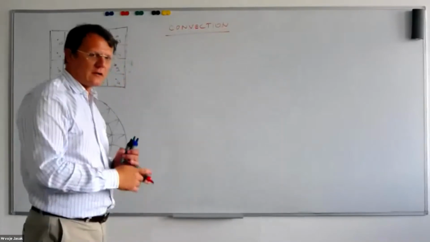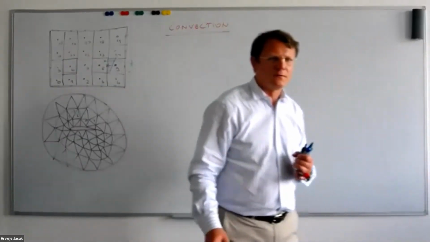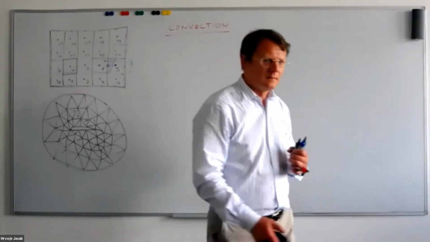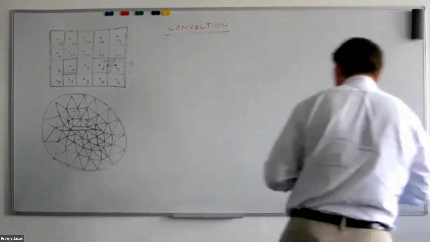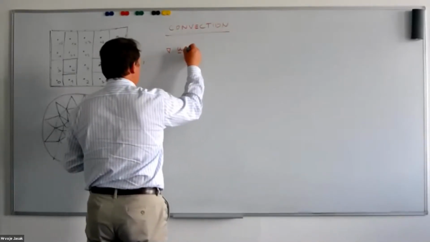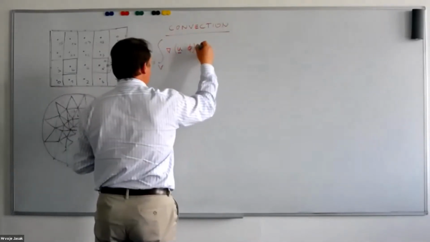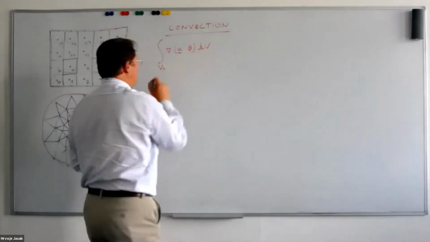In convection discretization, my term reads as follows: div u phi, which will be integrated over the volume.